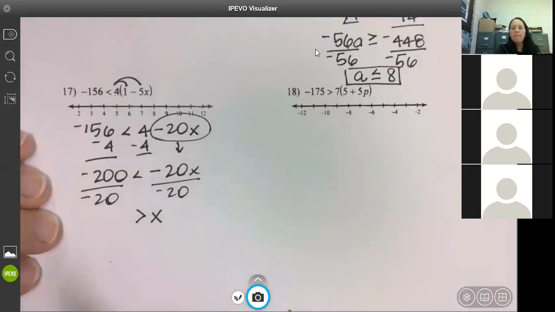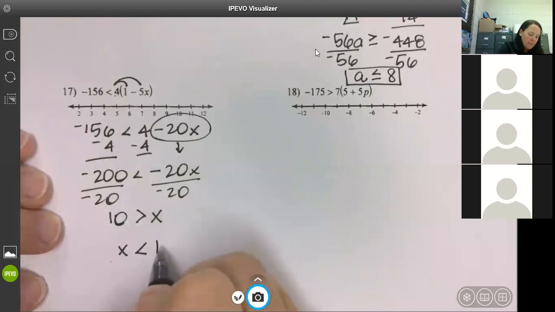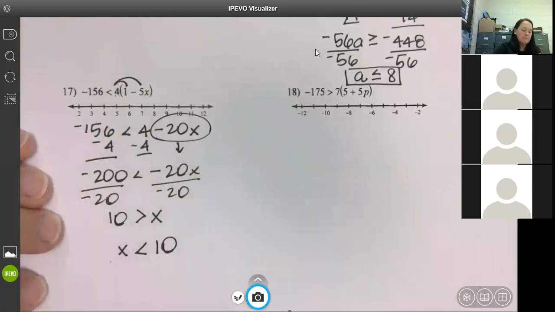Help her out. Guys, you have phones with calculators. 10. Negative over negative makes a positive 10. Rewrite it. It's eating the 10. So when I rewrite it, it must eat the 10. That's it.